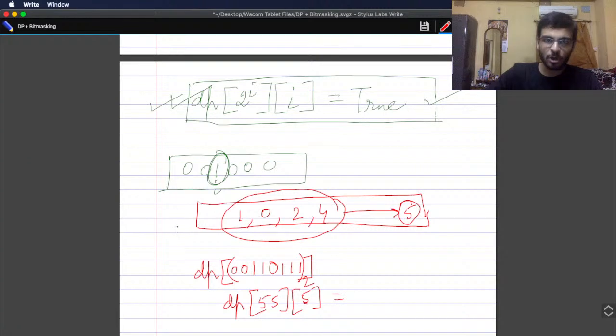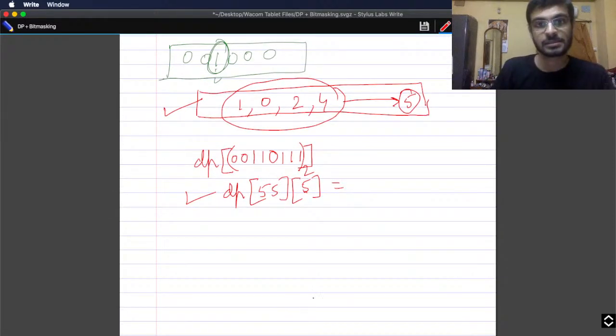This will actually tell me whether it is possible to have a path with these vertices 1, 0, 2, 4, 5 which will end in 5. This will tell me whether it is true or false. How to find it? We can say for this, we know we have to add this 5.